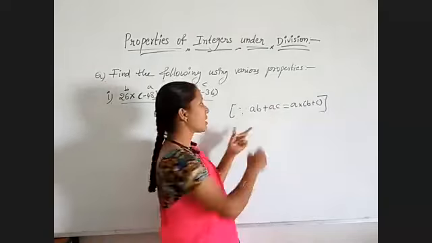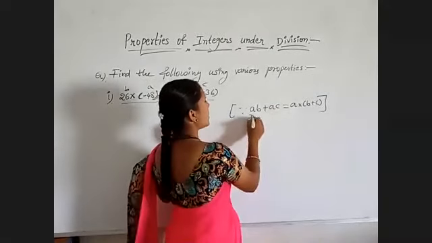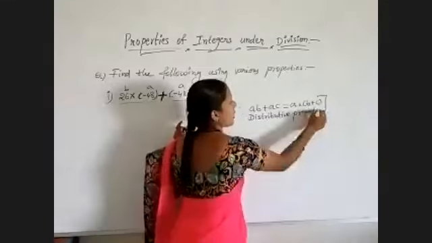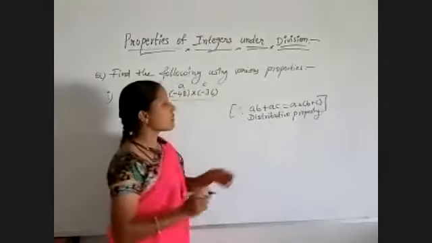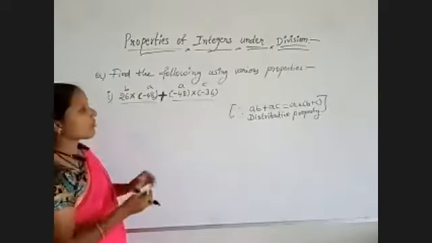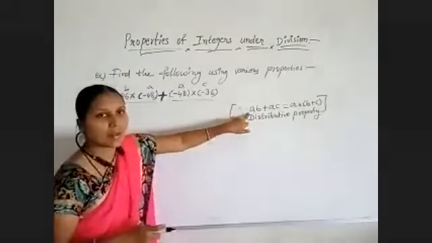So remember this: the first thing is to identify which property they have shown in the question. That comes under the distributive property, and now they have mentioned this side, AB plus AC.